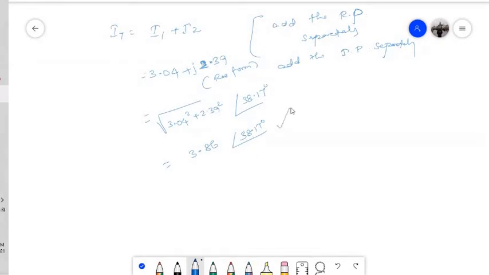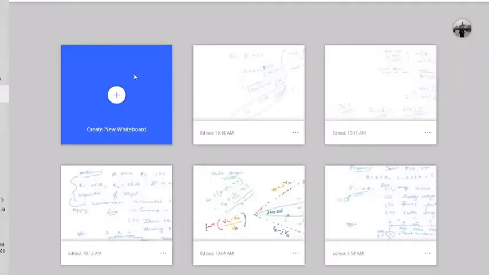So now I have this information available to me. This is my IT, and I already know I1 and I2. In the previous step, I have obtained I1 and I2.